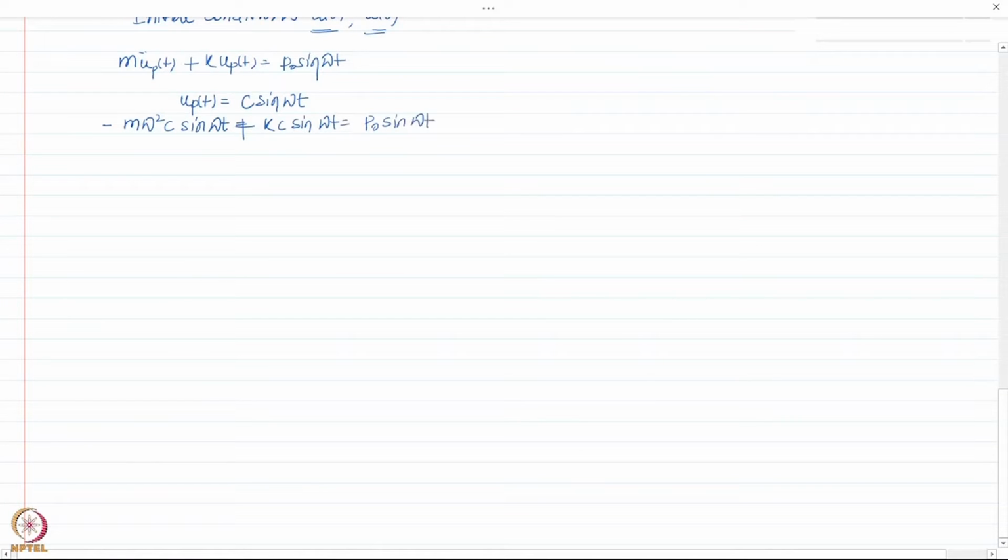So if we compare the coefficient of sine omega t, we get the value of c as p naught divided by k minus m omega square.